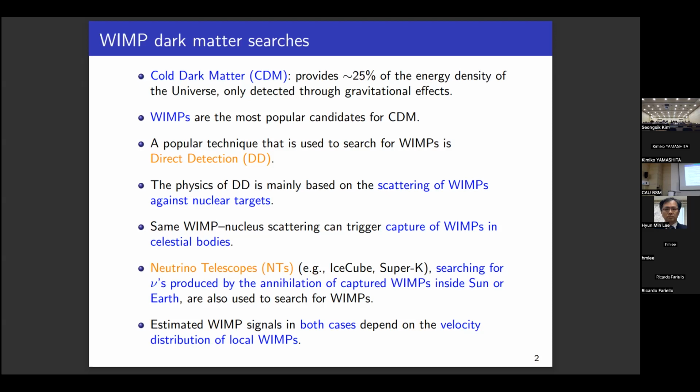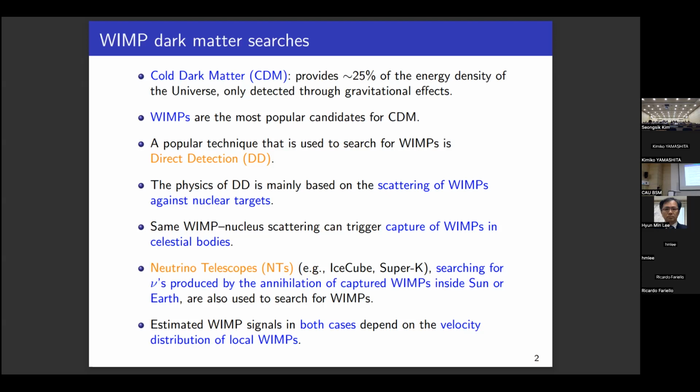The same WIMP-nuclear scattering can trigger gravitational capture of WIMPs in celestial bodies like the Sun, where these captured WIMPs can annihilate to produce a neutrino signal. Neutrino telescopes searching for this kind of signal can also constrain the WIMP scenario.